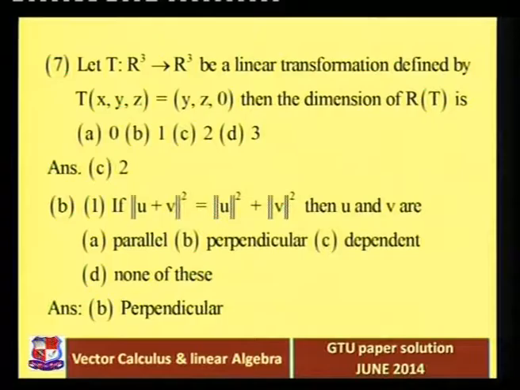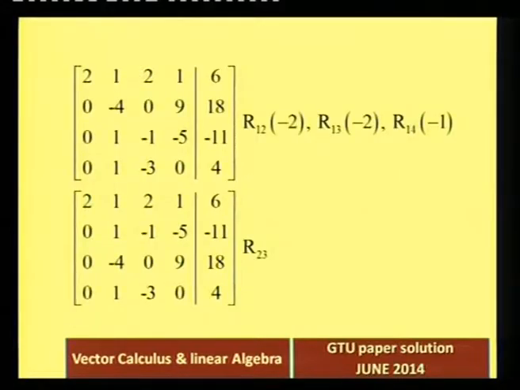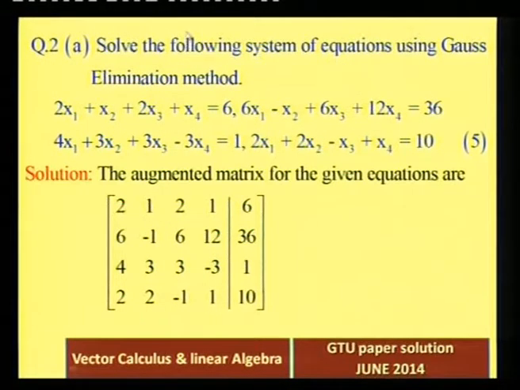So let's start with question 2. Here is question 2a. We have to solve this linear system of equations. There are four equations and four variables. The question is: solve the following system of equations using the Gauss elimination method.